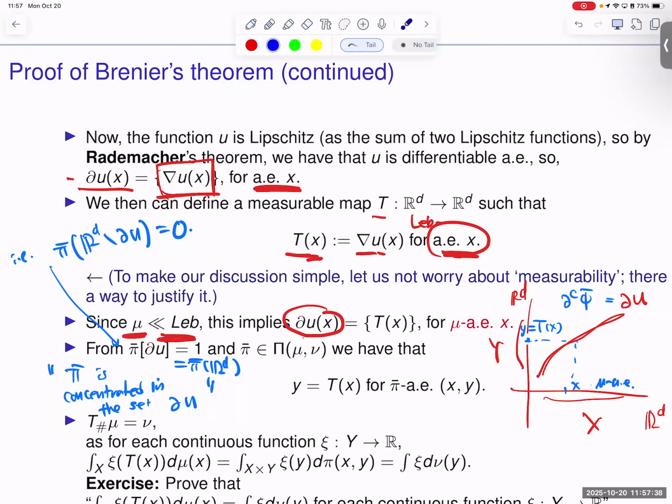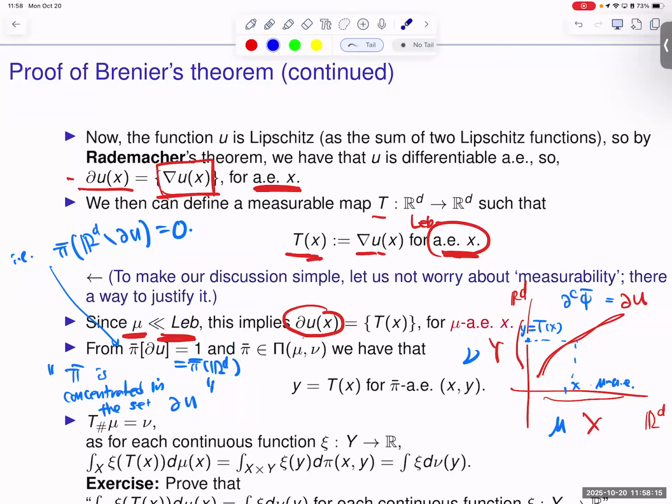So this relation here: for mu almost every x, you have y equal to T(x). I mean, this differential is exactly this mapping point T(x), mu almost everywhere. But because this pi bar has marginal mu, your pi bar, or measure here, has the marginal the same as mu.